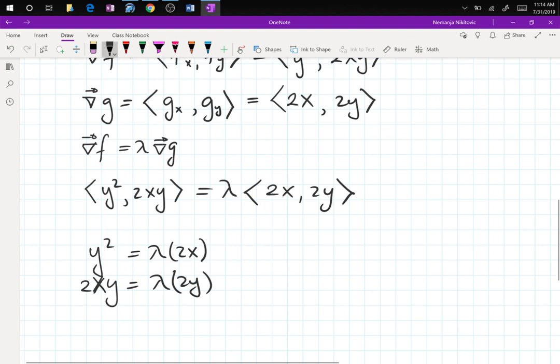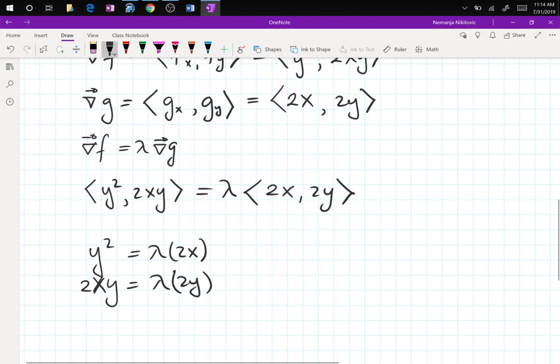Now, as you can see, you have three variables and two equations. You need another equation. We always use g as that last equation. When we do the three-dimension case later, you will have an equation for the first component, the second, and the third component, but then there will still be x, y, and z, and there will still be lambda.